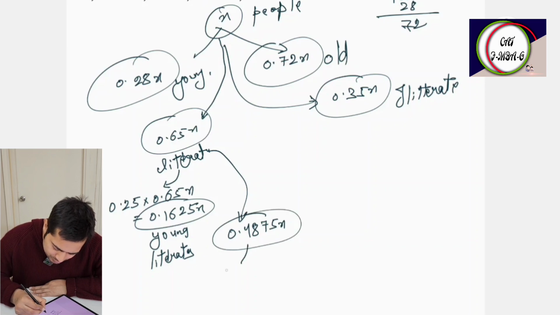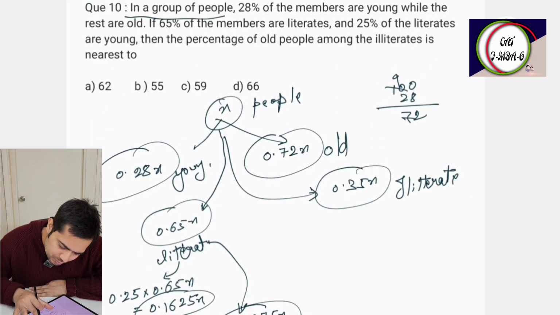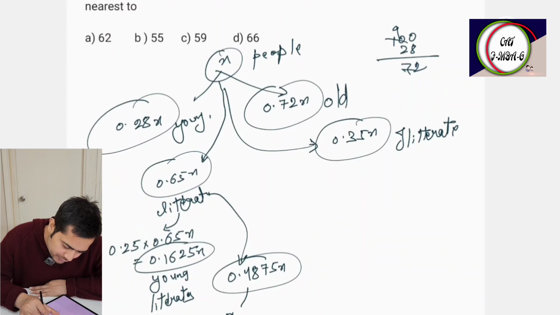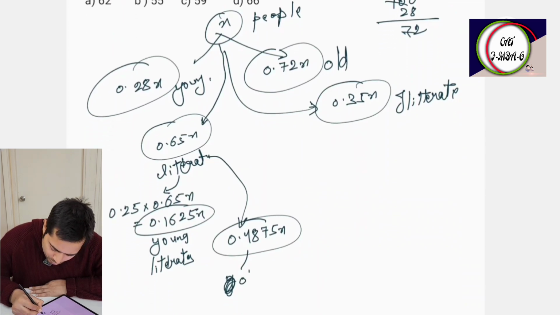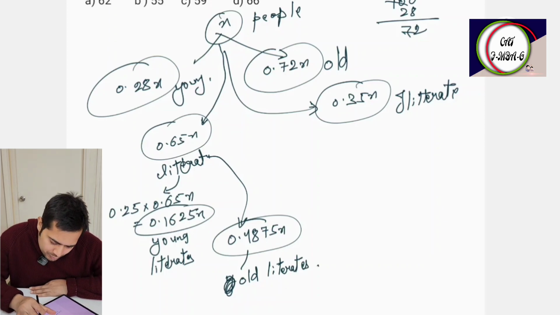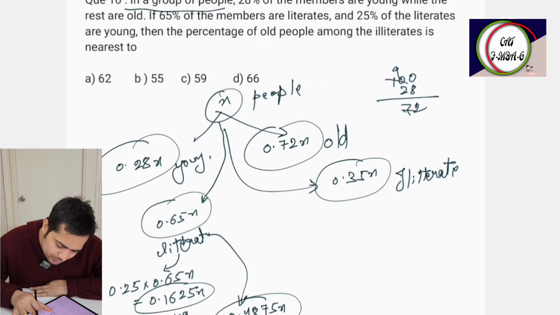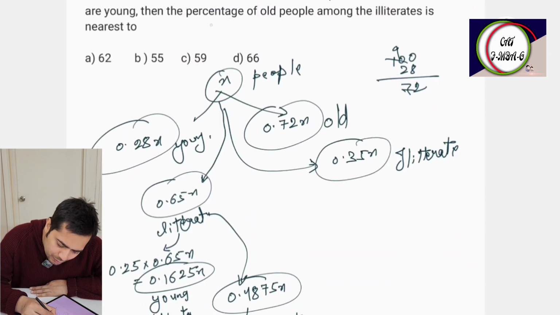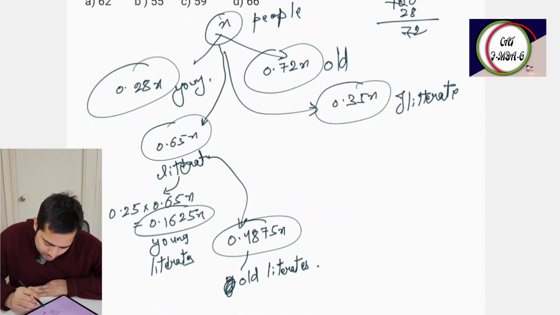These are old literates, since 25% of the literates are young. Okay. Done. What we have to find? Percentage of old people among illiterate is nearest to.